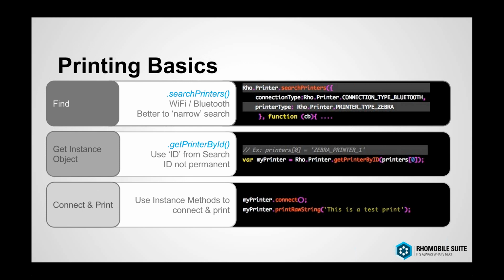In the case of Wi-Fi, you would want to pass probably the IP address of the printer. In the case of Bluetooth, you probably want to pass the actual Bluetooth MAC address. Okay, this is the recommended approach.